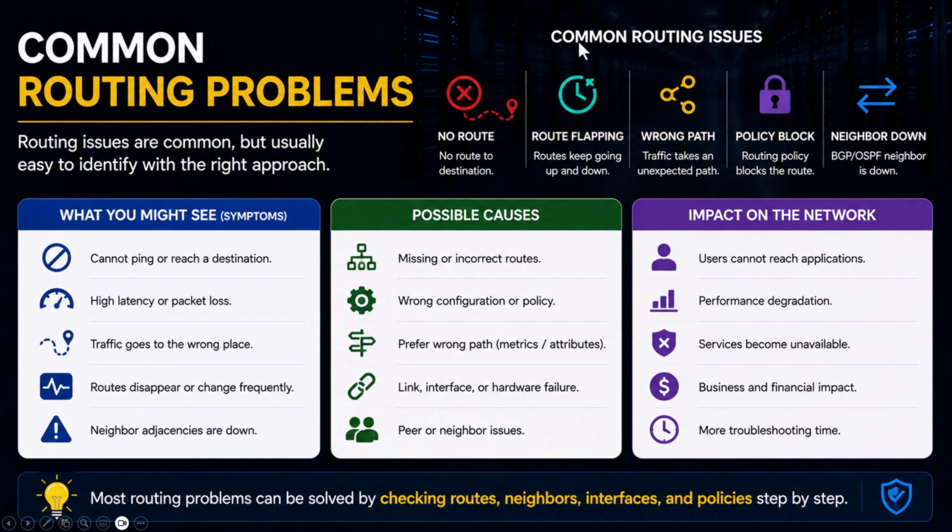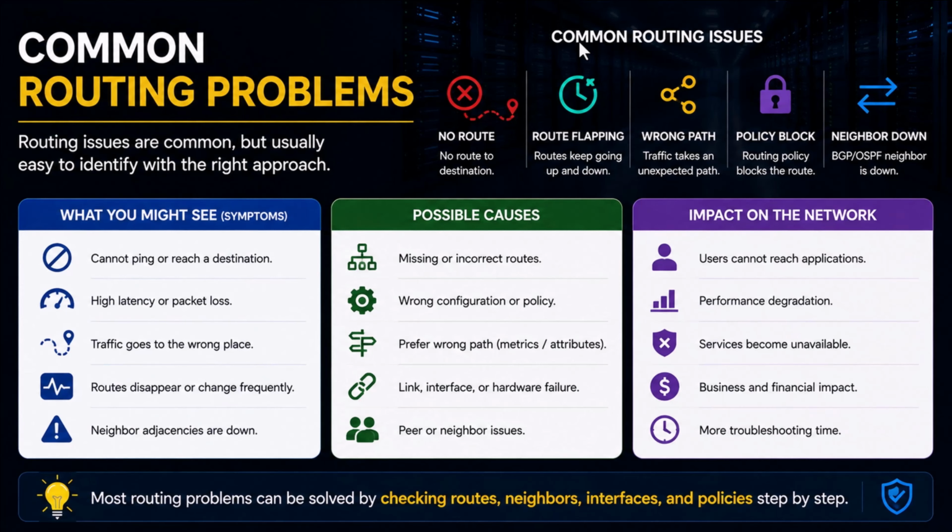Now let's look at some common routing problems. One obvious symptom is that a destination cannot be reached. Maybe the route is missing, maybe the next hop is unreachable, maybe a routing protocol neighbor is down. Another common problem is route flapping. This means a route keeps appearing and disappearing.